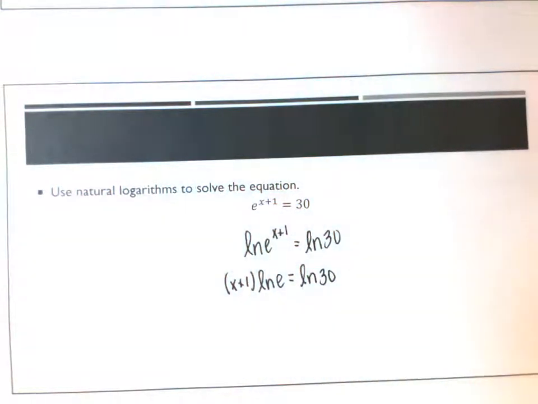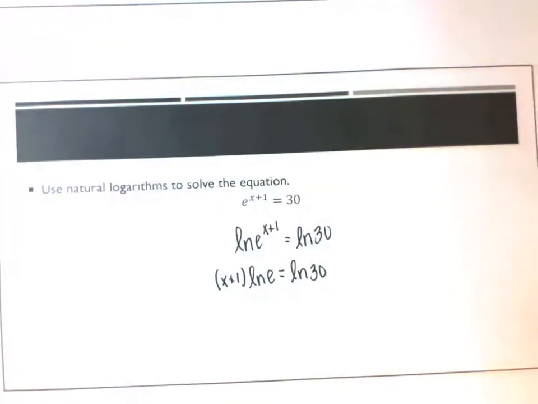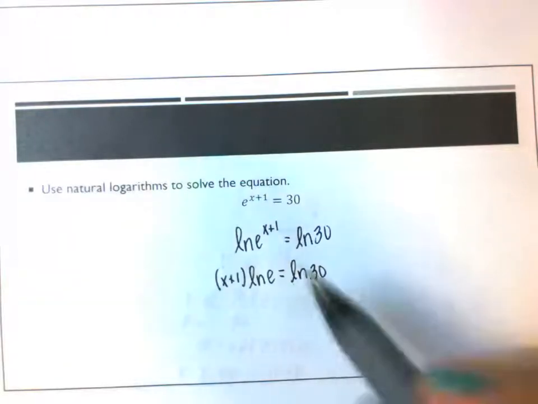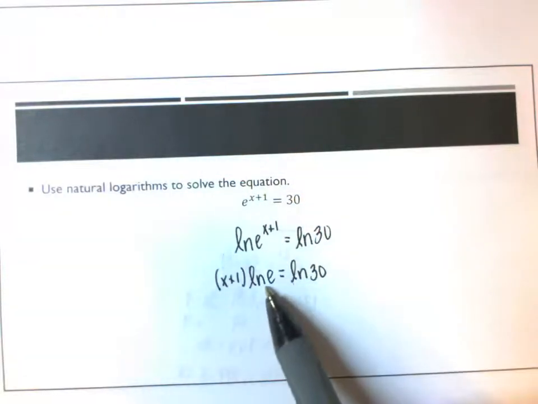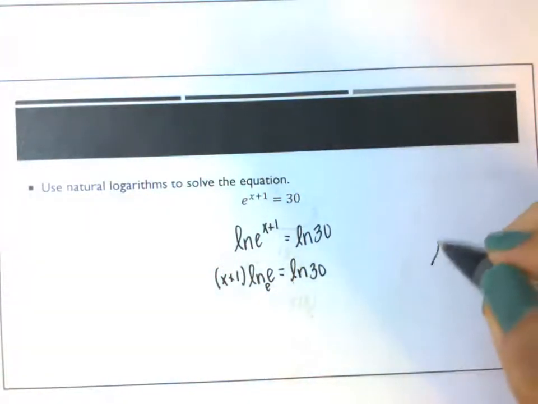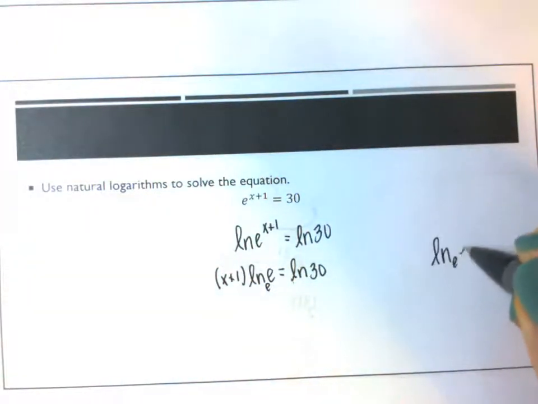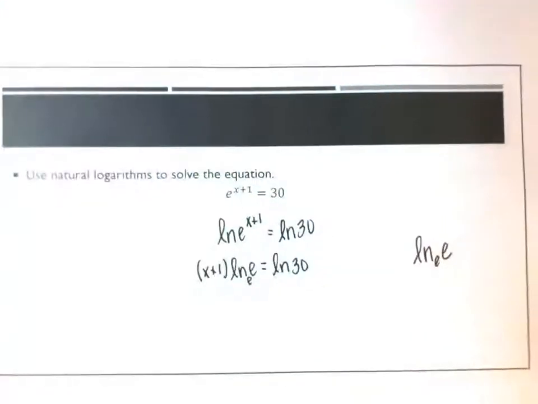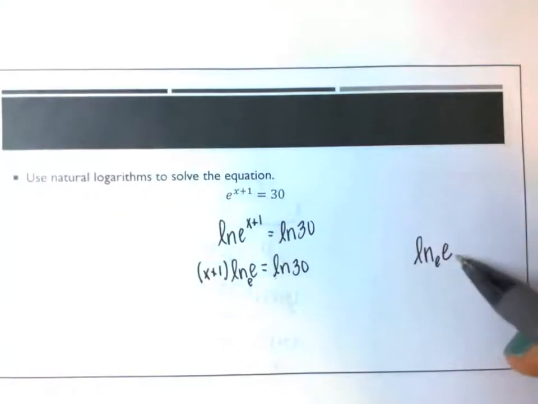Now, this is where in the logarithm you would divide log of 30 divided by log of 5 or whatever it was. But this is why I love natural logs. The base of ln is always e. So if I write ln base e of e, this means e to what power is e?